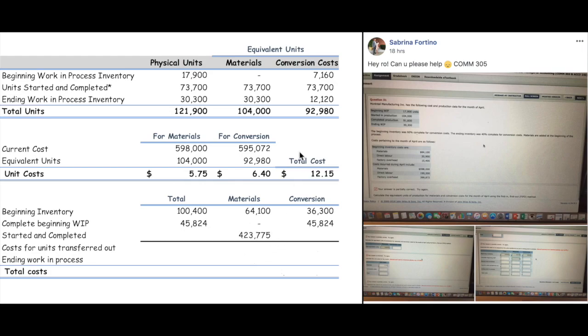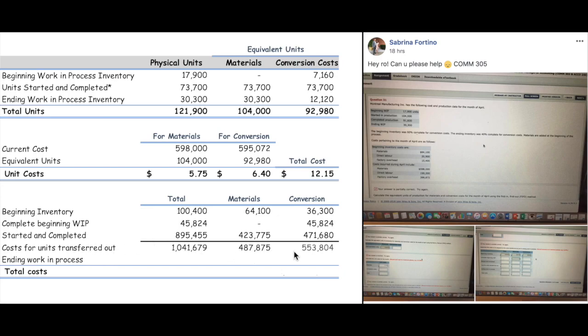We can repeat that. We can multiply the equivalent units for conversion by the unit conversion cost of 6.4, and we can add these two together, or we can just take the equivalent units and multiply it by the unit manufacturing cost of 12.15 to get the total cost of started and completed.